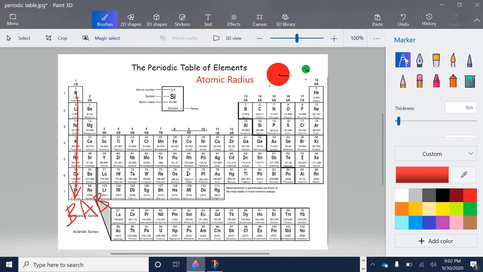And it also increases from left to right. We can also say LAL, larger atoms to the left. The reason these trends exist has to do with two things. One, the number of energy levels, and two, the number of protons in the nucleus.